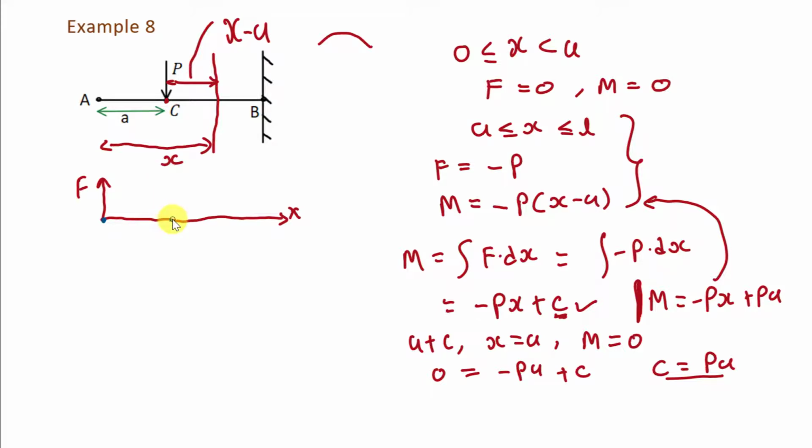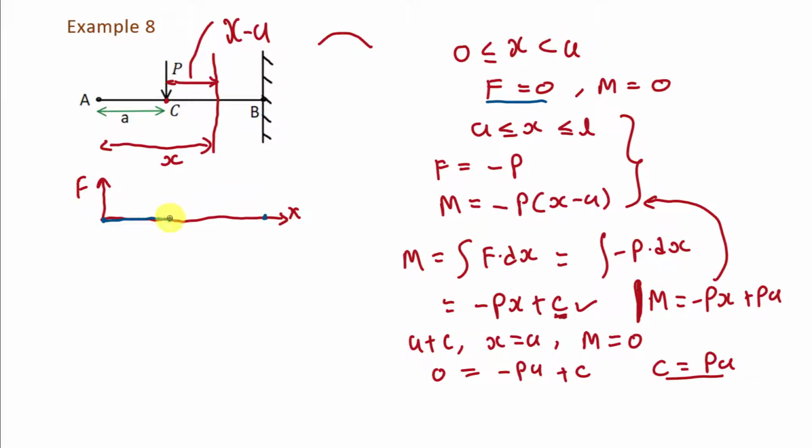Here there is C point, at this distance a, and this is the point B where the total distance is L. To draw the shear force diagram, first we will draw it in this interval. In this interval, that is 0 to a, what is the value of shear force? The value of shear force is 0. So we will draw a line on the x-axis. From here to here, the value of shear force will be 0.